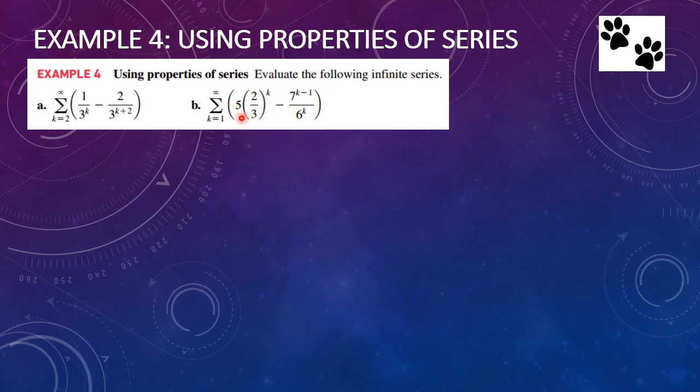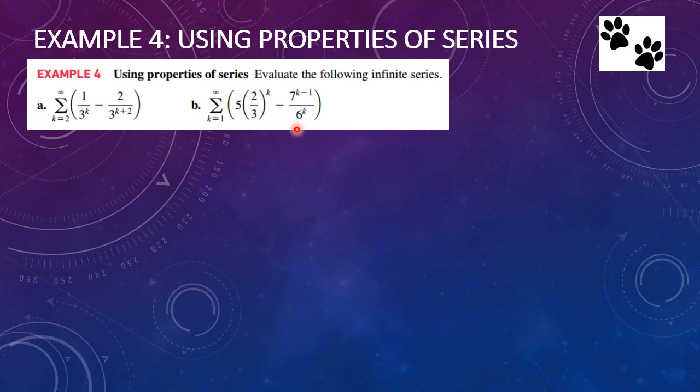Immediately, you can see that if we pull the 5 out in front, the first series is a geometric series with r being equal to 2/3. Well, actually, we'd probably have to pull the 2 out too. I don't know that we need to do that, but if it's 2/3 or 1/3, we know that r is less than 1, so the first series is going to converge.